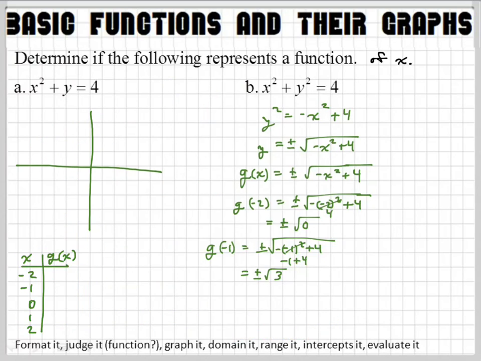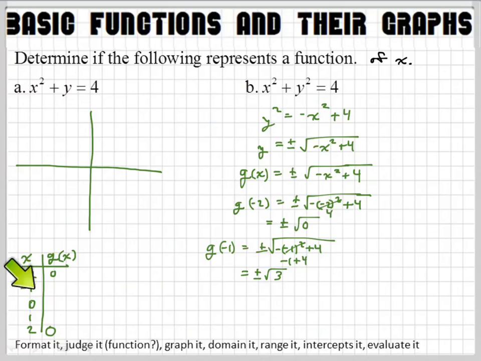Now if we were to graph this g function, I cleared everything and gave ourselves a little graph, and there's my table. If I plugged in -2, remember we got a 0. So if I plug in -2, I get 0. And actually, if we plug in +2, we would also get 0. Because the x is squared, it doesn't matter if it's negative or positive, you'll get the same result.